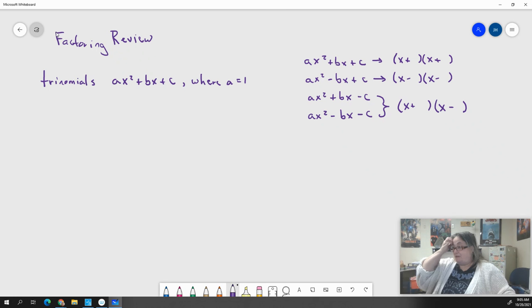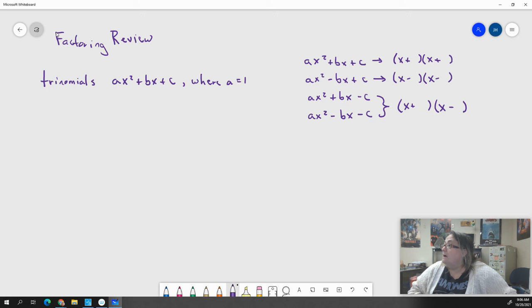And I'll go over that in a minute. Notice I wrote both of these are going to have the same factor. We determine which factor goes where by what's in front of b. So if b is positive, our big factor is positive. If b is negative, our big factor is negative. Does that make sense a little bit?